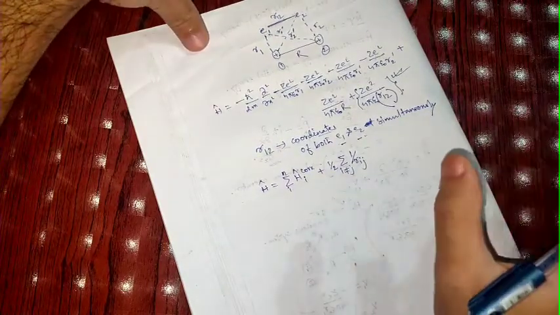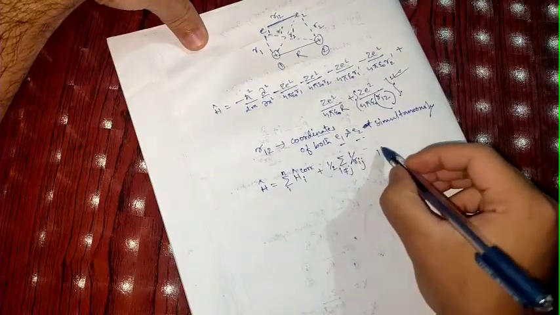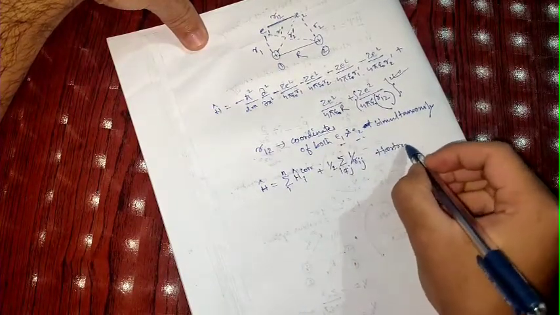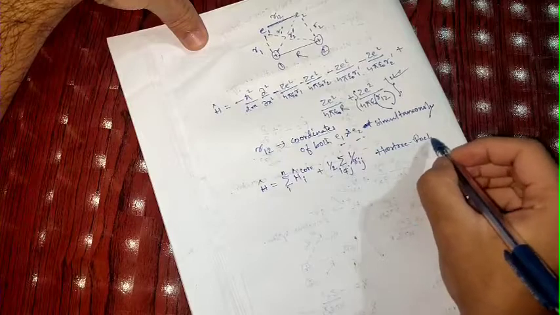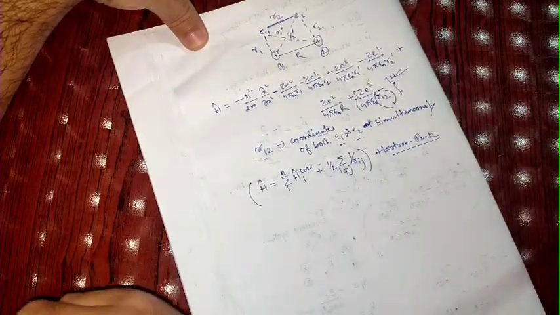So according to the Hartree-Fock, or self-consistent field method, they have assumed the Hamiltonian to be this value.